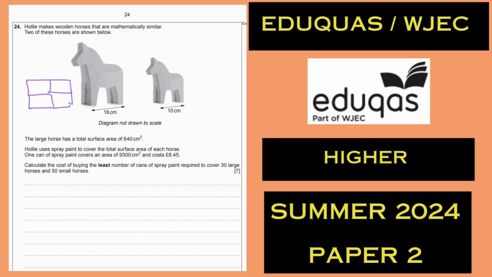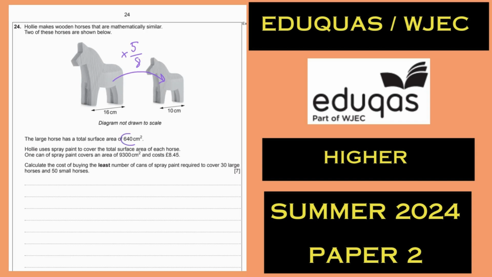Or in other words, you've got to square your scale factor. For that scale factor, your multiplier, well, it's getting smaller, so we need to do 10 over 16. It cancels down to 5/8. 5/8 is your linear scale factor.